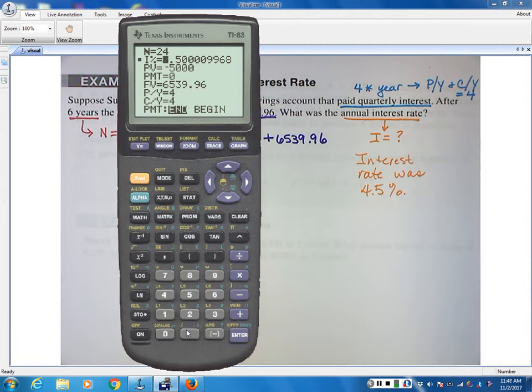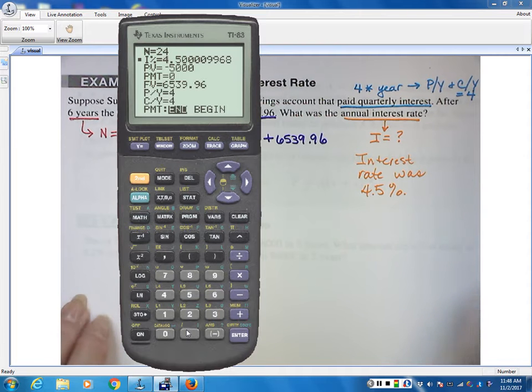Okay? And like I said, that would not have been an easy problem to solve if we had to solve it using arithmetic. We haven't learned the techniques yet that we would need to be able to solve that.